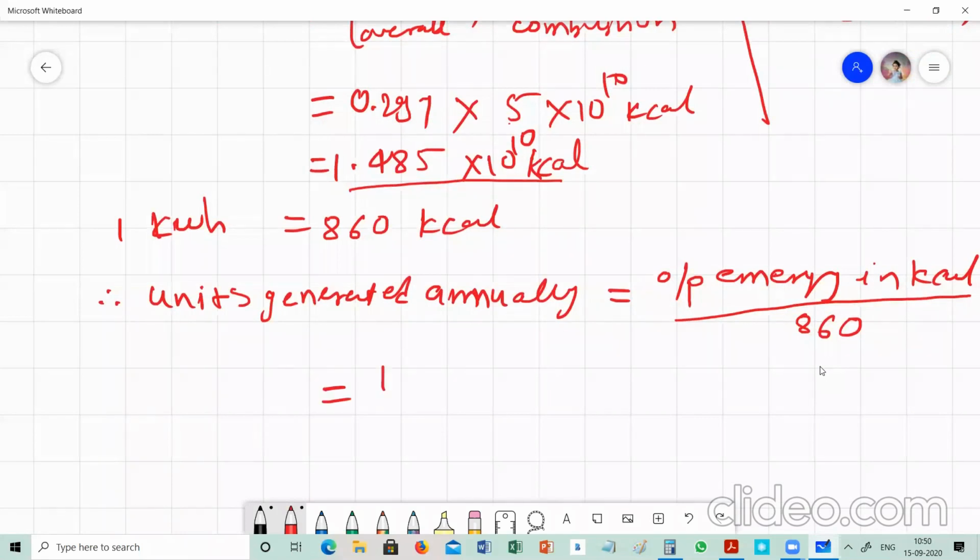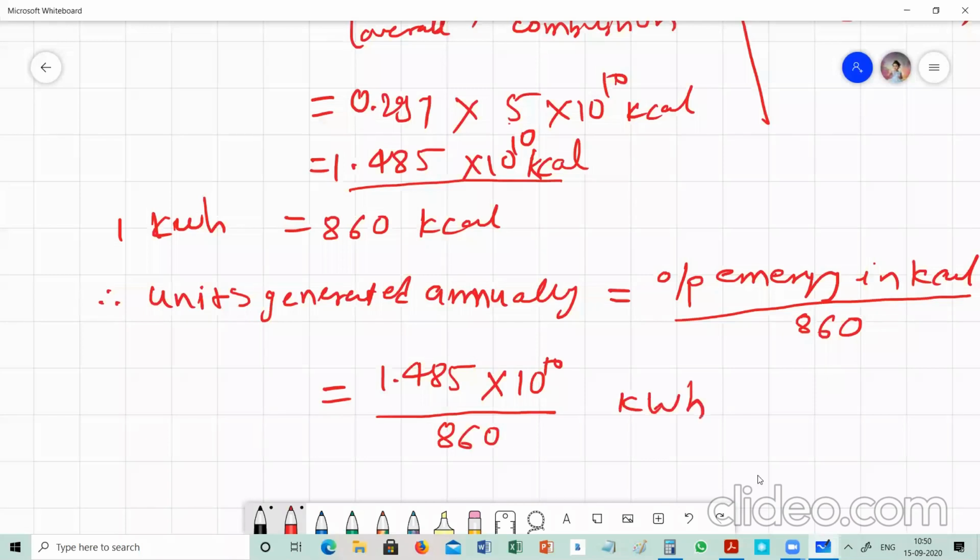It is 1.485 into 10 raised to 10 divided by 860. This is the value in kWh.